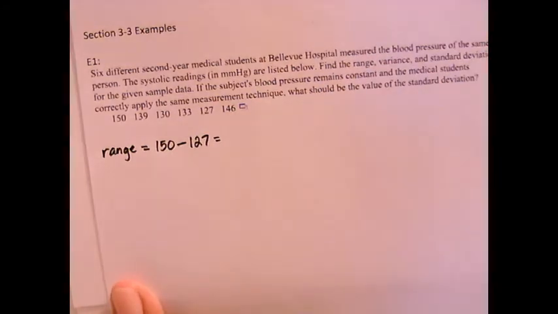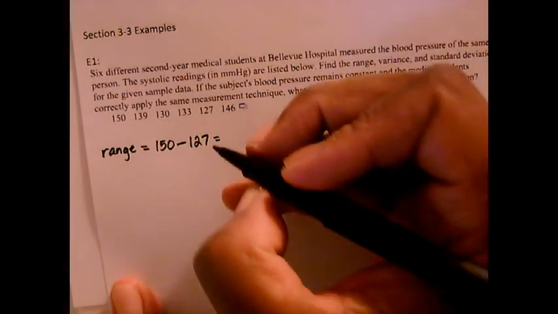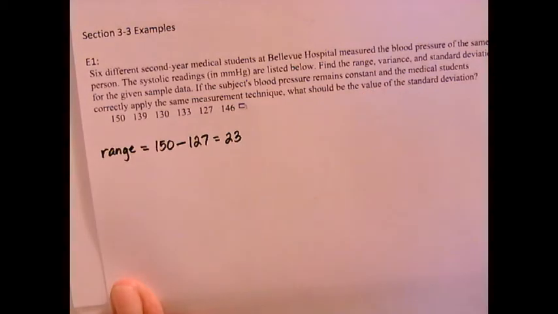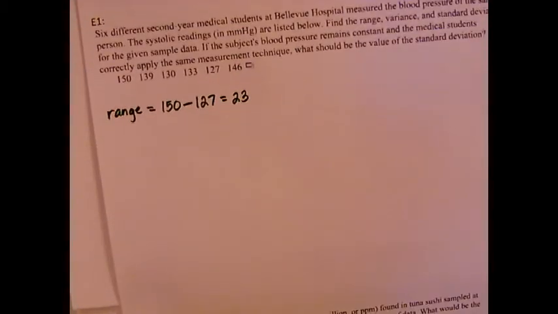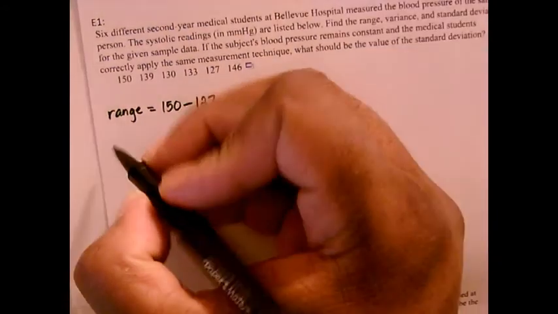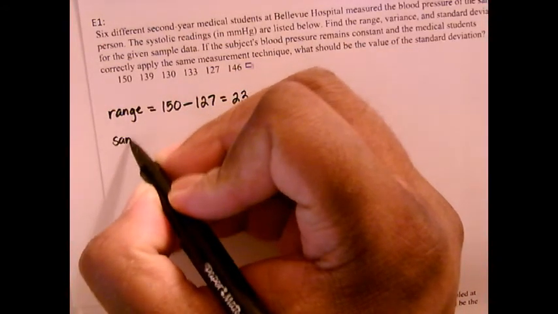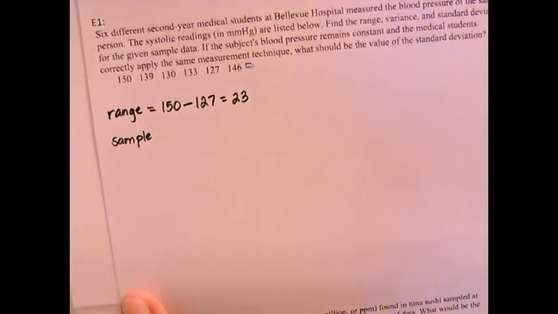So if we do 150 minus 127, we're going to end up with 23. So the range of that set of data would simply be 23. Now next we need to find the sample standard deviation. Sample variance. Let's start with that.